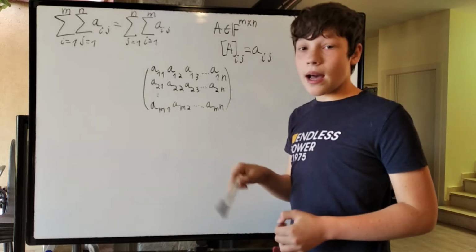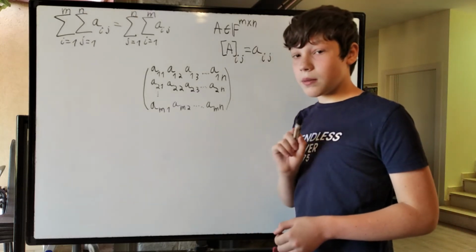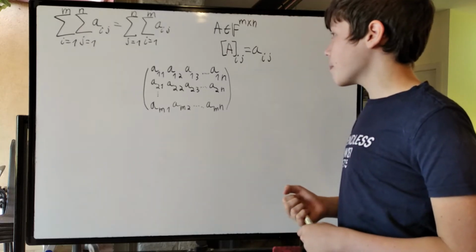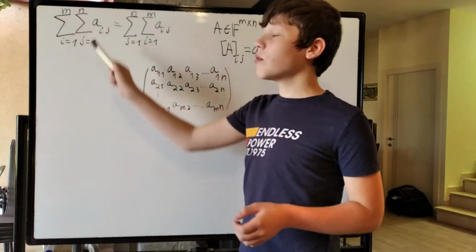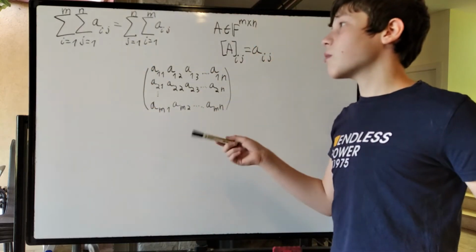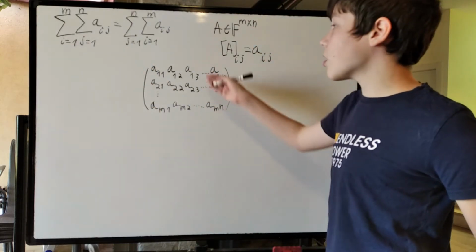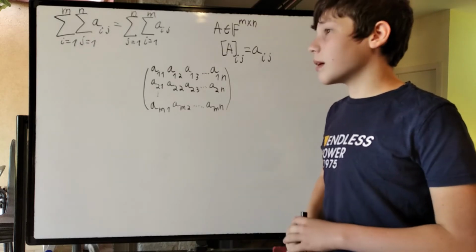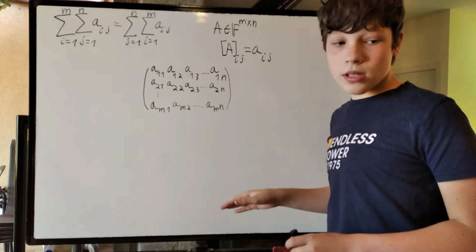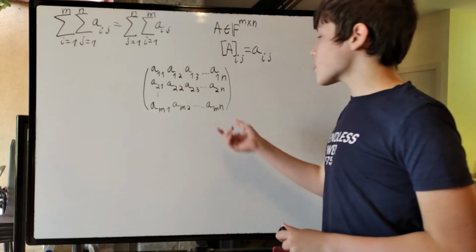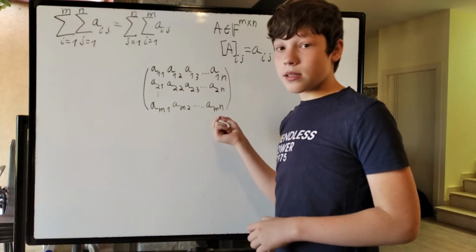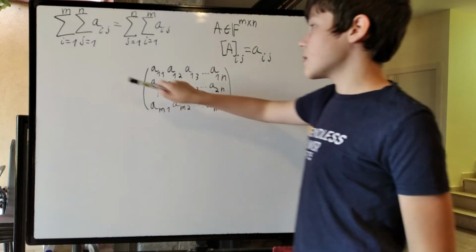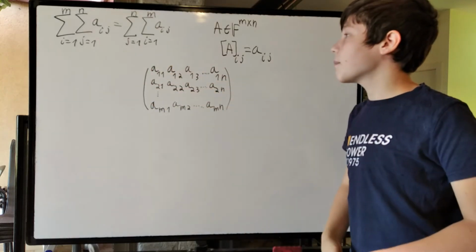So AI1 plus AI2 plus AI3, and so on. And this outer sum, where I goes from 1 to m, sums all the rows in which this happens. So we're summing all of the rows, and for each row, we're summing all of the terms in it. So what we're doing is summing all of the terms in the matrix on the left-hand side.